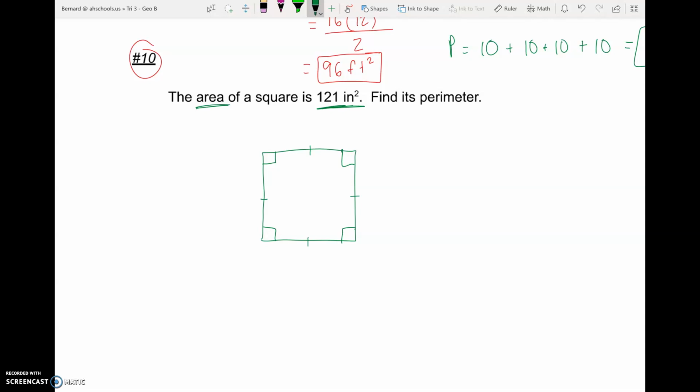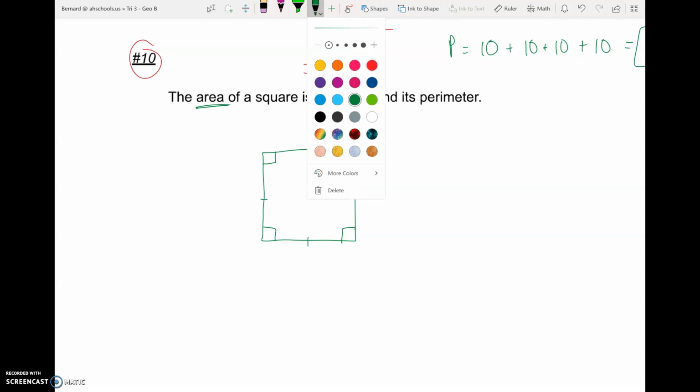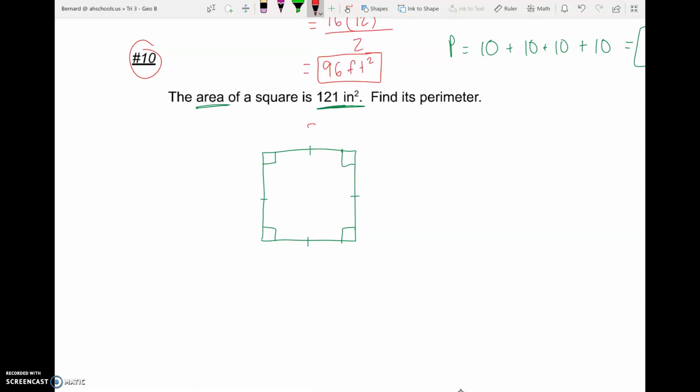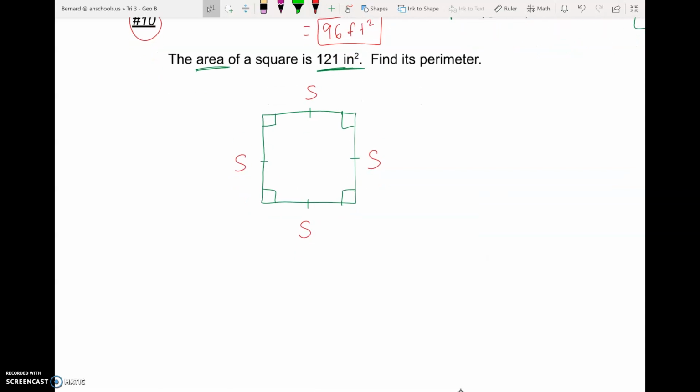Now, for this problem, just for right now, I'm going to call all the sides S. Right? S just stands for side. And I put an S on all 4 because it stands for the same thing, because all 4 are the same, right? And our area is 121 inches squared.